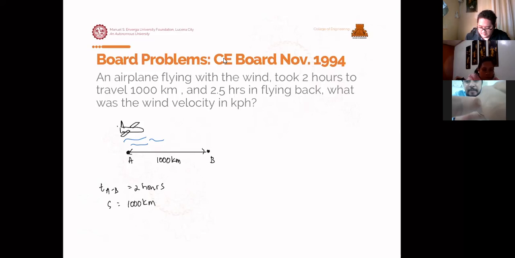Then the time from B to A is equal to 2.5 hours. We are asked to find the wind velocity in kph.